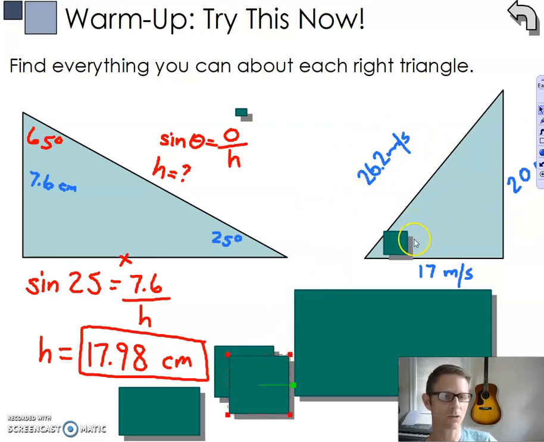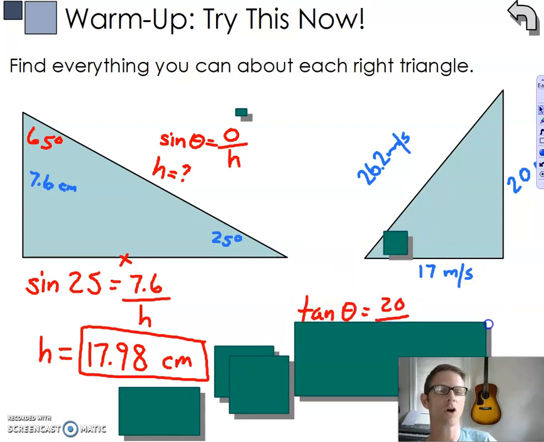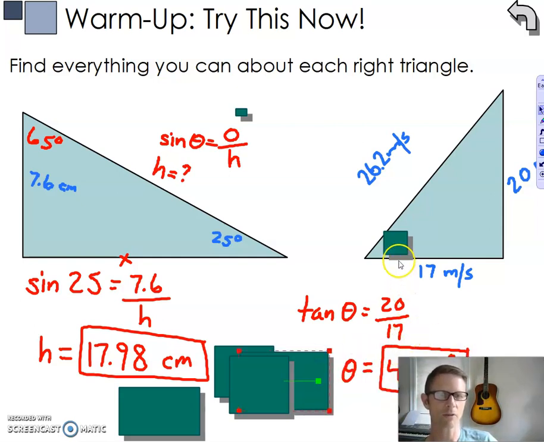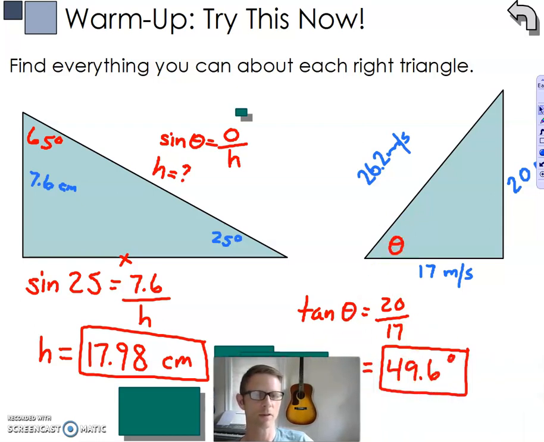And you can get this angle using the tangent ratio, what you can call the opposite of the tangent ratio, but don't call it the inverse of the tangent ratio because that's more of a cotangent. This is called the arctangent, technically. And when you use the arctangent ratio, you get 49.6 degrees for theta.